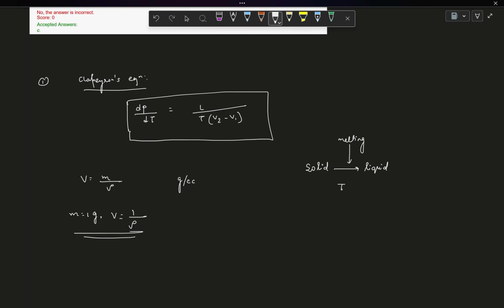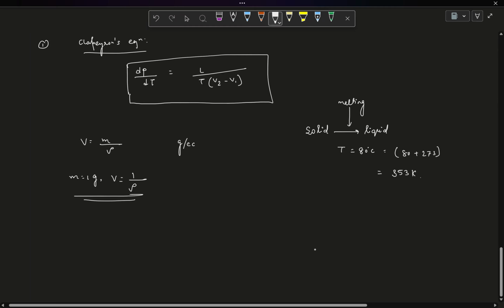Normally the melting point temperature is 80 degrees centigrade, which is 80 plus 273 Kelvin. So 80 plus 273 Kelvin becomes 353 Kelvin. I am defining all of the terms that are given to you in the question, and then we will substitute the terms in the equation and get the unknown value from there.